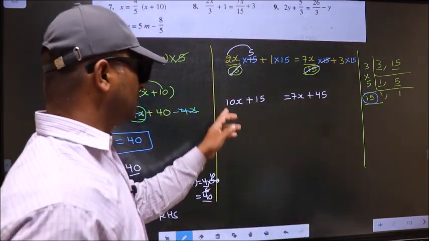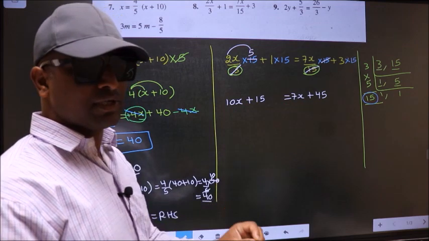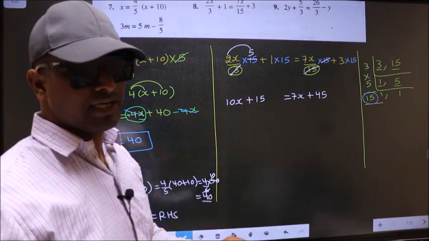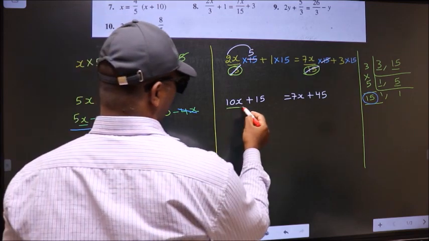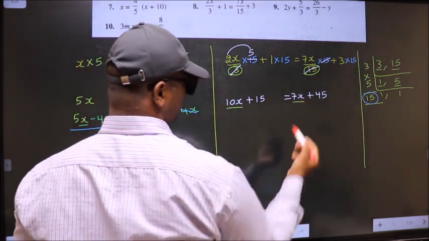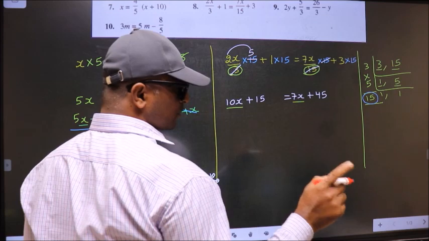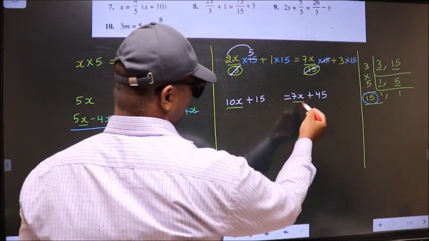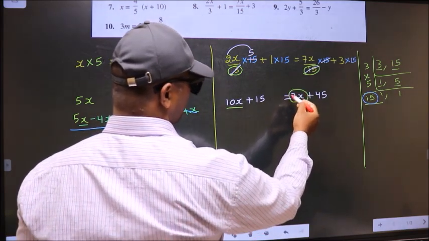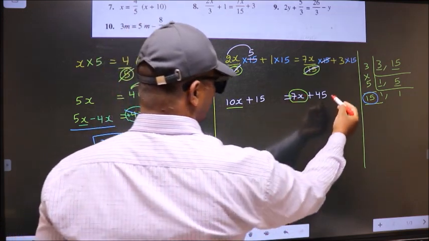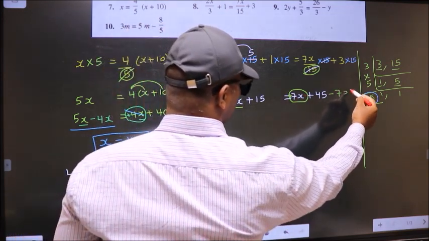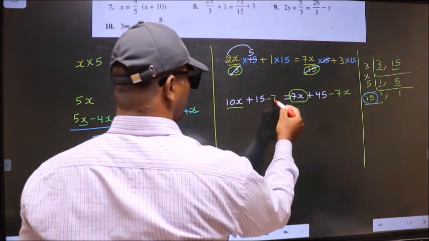Clear? So in this equation we don't have any more denominators, we have removed the denominators. Now we have x term here and here. All the x terms should be on one side. For that I should remove plus 7x from this side. So to remove plus 7x, you subtract 7x on both sides.